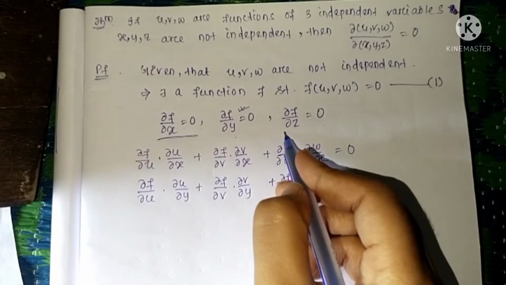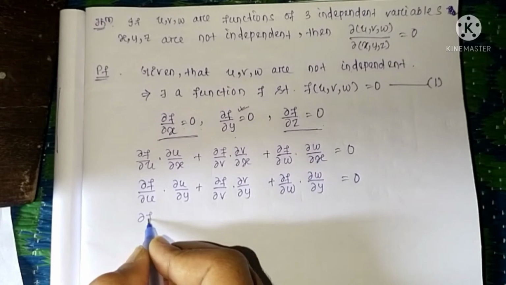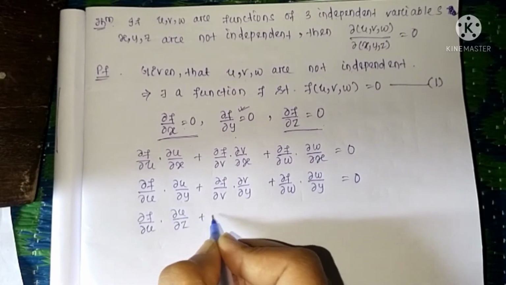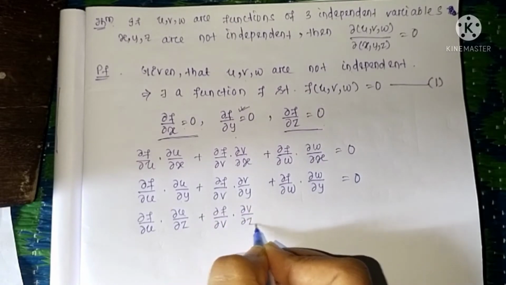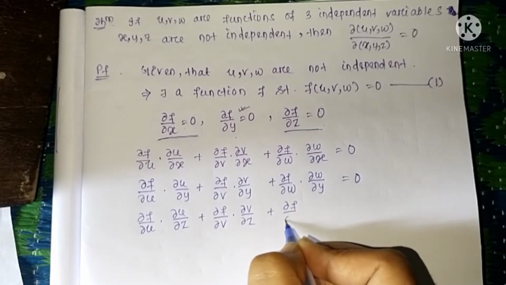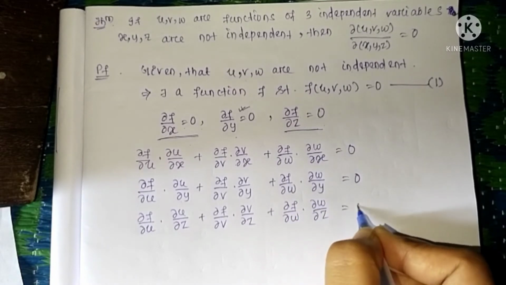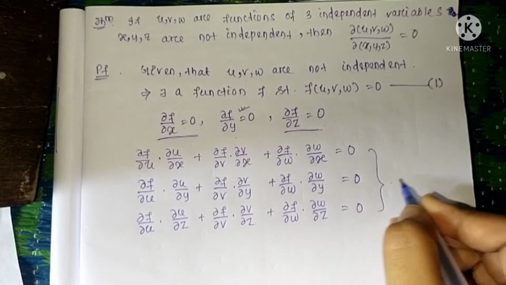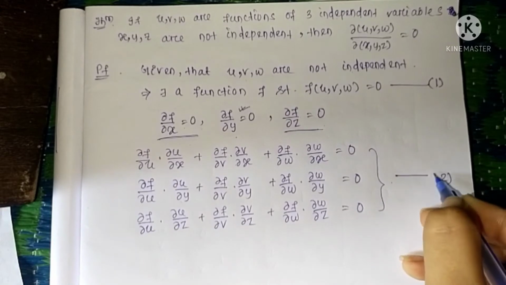Then lastly we apply the chain rule here, that is del f by del u into del u by del z plus del f by del v into del v by del z plus del f by del w into del w by del z equals 0. This is our equation 2.